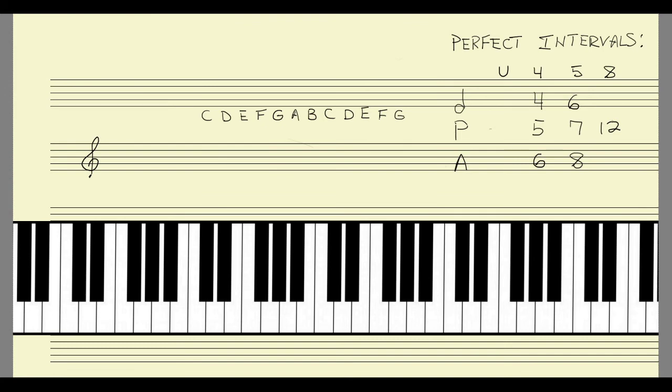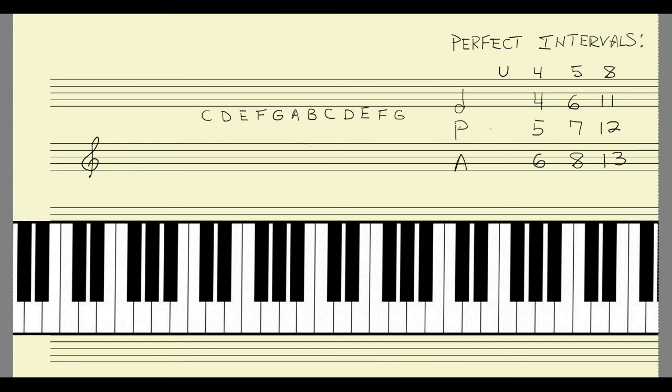So if a perfect octave has 12 half steps, a diminished octave has to have 1 half step less than that, so a diminished octave is only going to have 11 half steps. And then an augmented octave is going to have 1 half step more than 12. It's going to have 13. So an augmented octave is going to be 13 half steps.